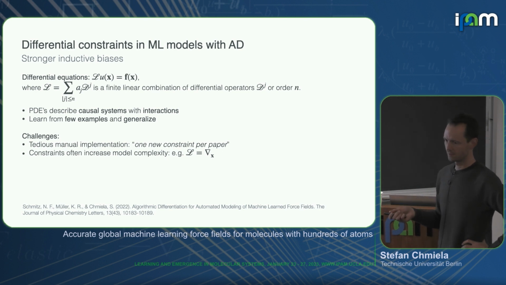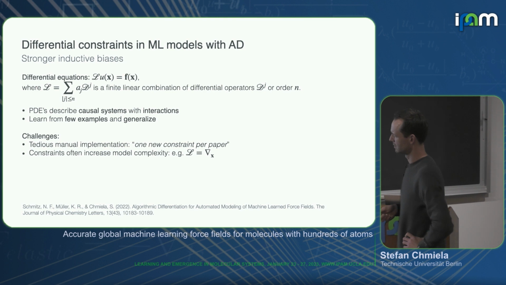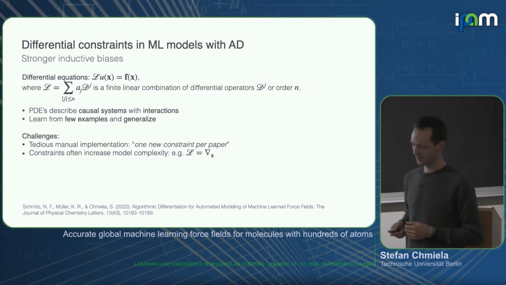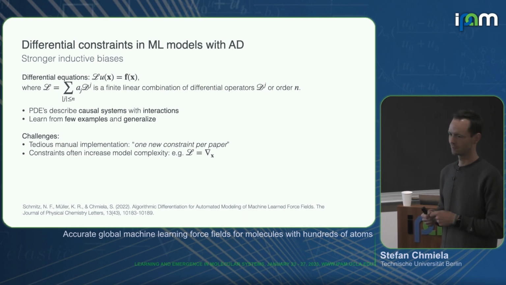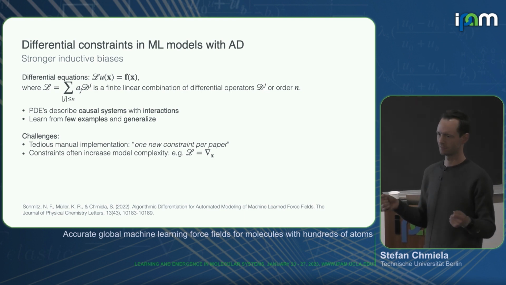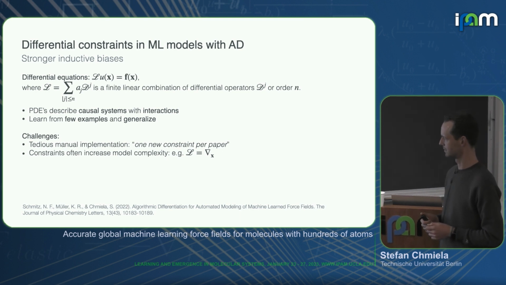In the force field modeling field, this has also been popular, but one of the interesting things is that it's usually one constraint per paper. People derive those constraints by hand and impose them onto the models, and it's so much work that they leave it at that.